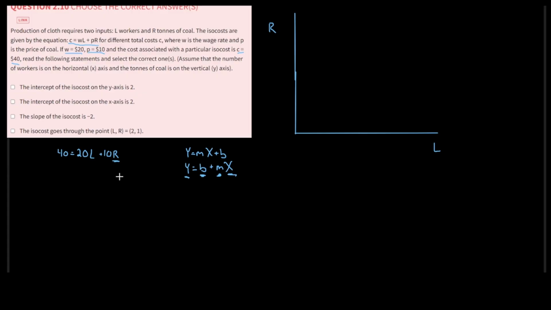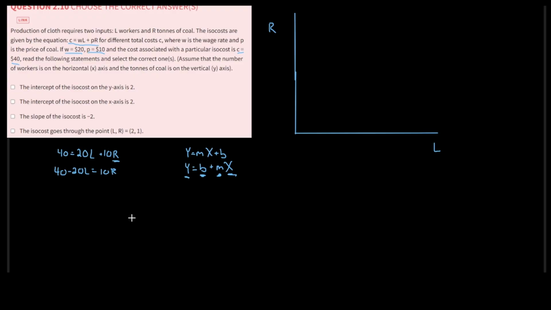So to do that, let's get everything over onto the left-hand side, except for the r. So we'll minus 20L from each side. So we get 40 minus 20L, and 40 minus 20L, that equals 10R.